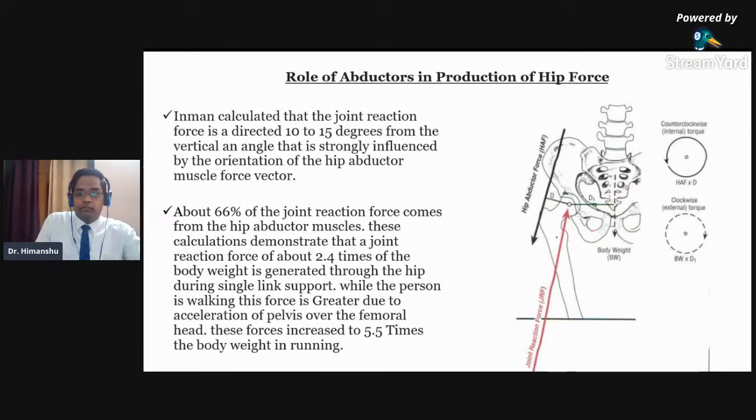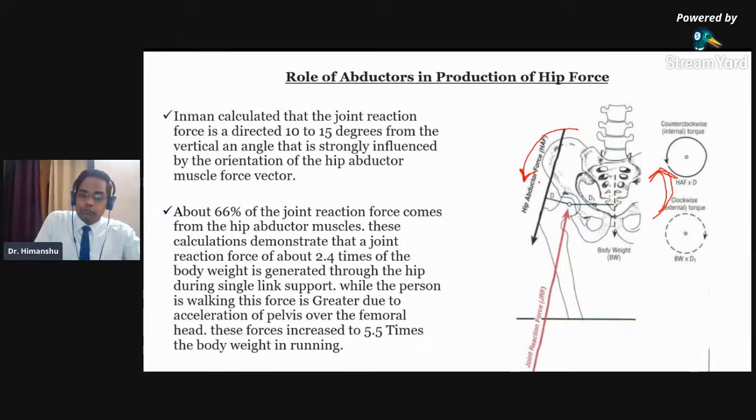Yeah. So if we know the force being generated by the hip abductor muscle, this muscle, I told you, is trying to pull this side up. So if this is an anti-clockwise rotation of the pelvis, on the ipsilateral side it is also causing the same anti-clockwise motion.